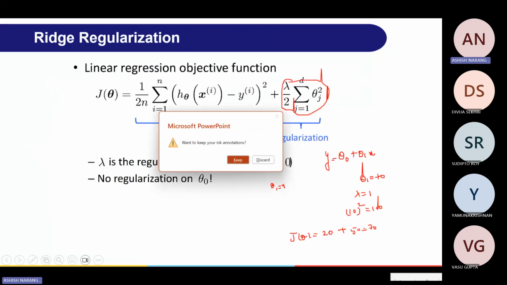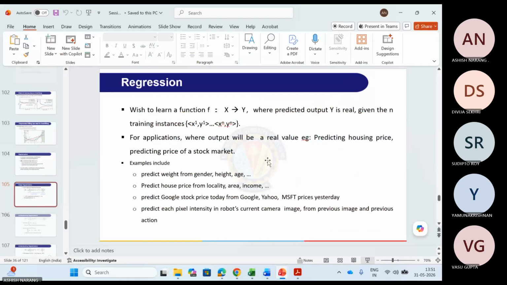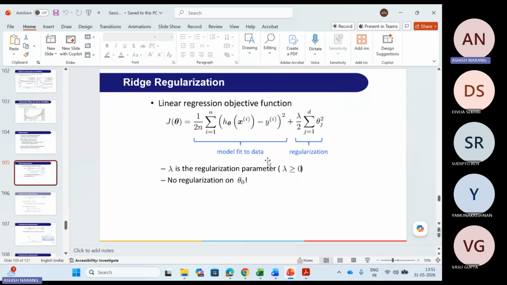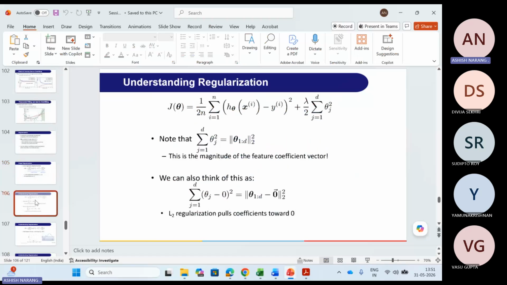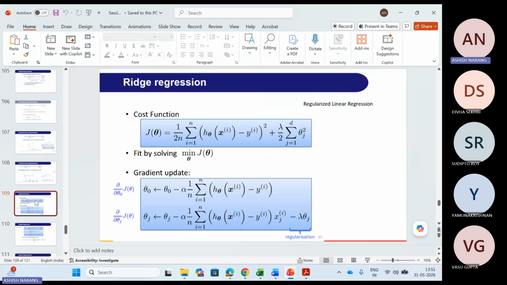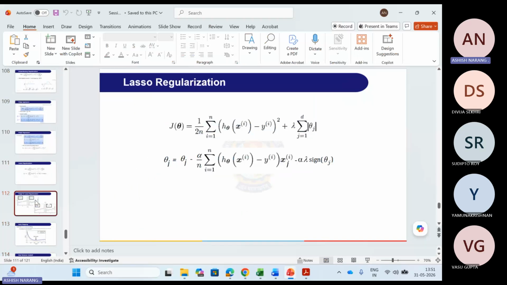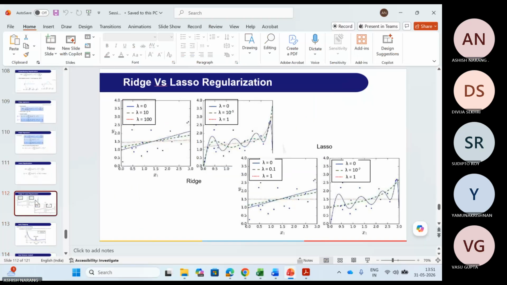So that ends the regression module. I will make these PPTs available to you for your reference. This is highly mathematical, but not very tough. The only thing is you need to be away from everything and be focused here.